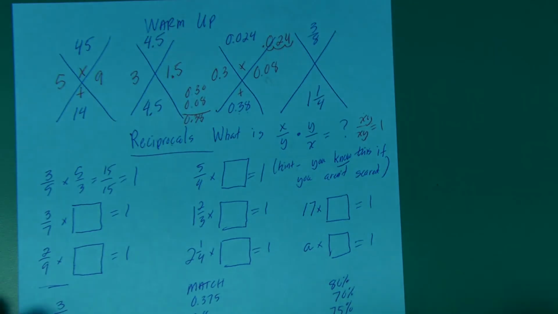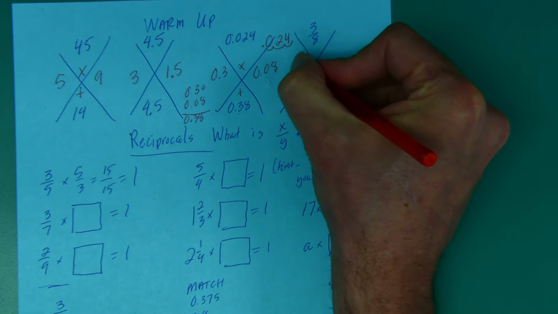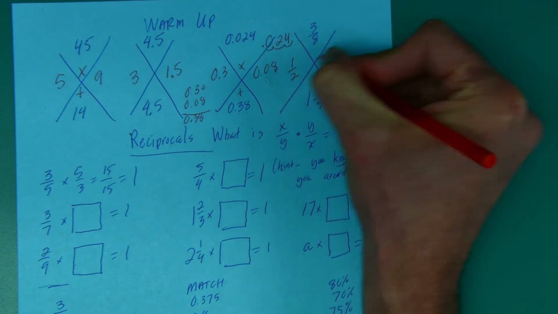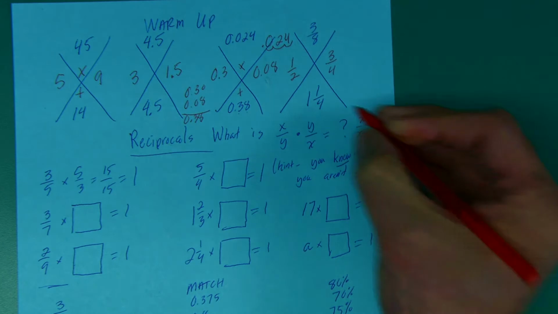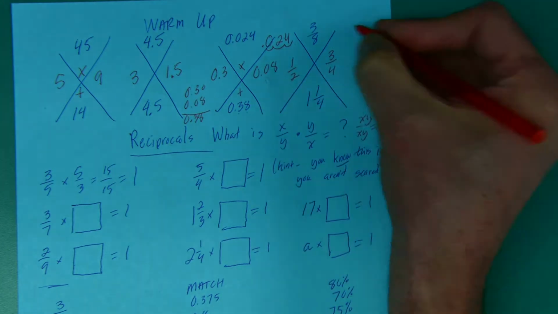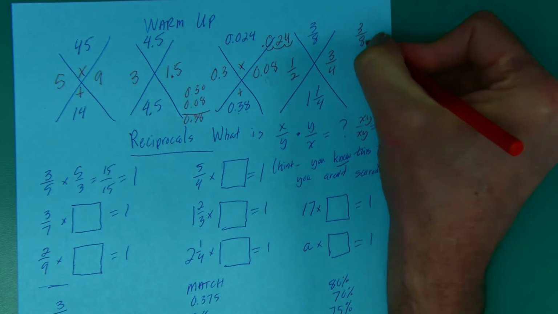How about 3/8 and 1 1/4? This actually ends up being 1/2 and 3/4. You can see when I multiply across the top, 1 times 3, I get 3, and 2 times 4, I get 8.